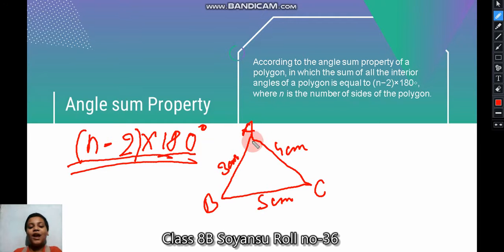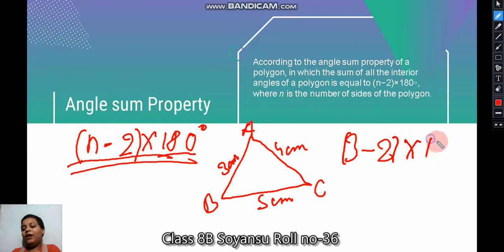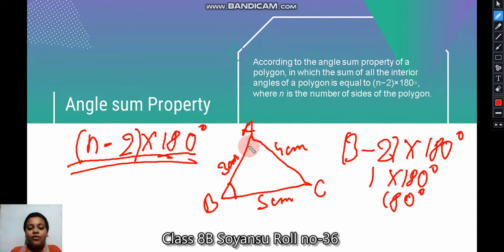There are three sides, so 3 minus 2 into 180 degrees. 3 minus 2 is 1, into 180 degrees, that is 180 degrees. All the interior angles of the triangle would have a sum of 180 degrees.